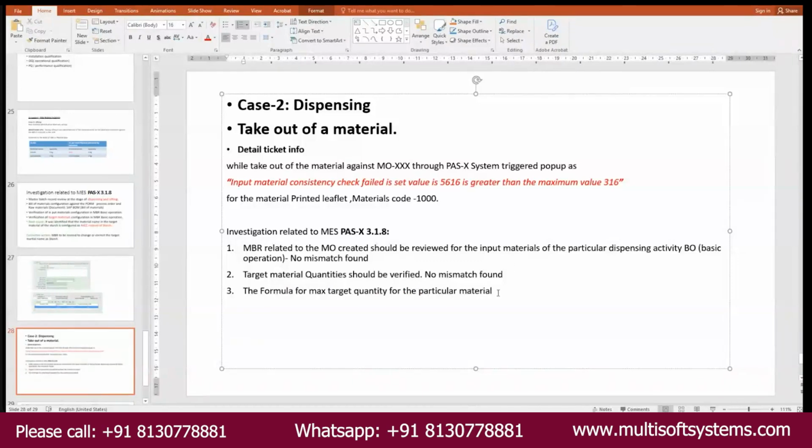Formula is only added when automation is involved, right? So the formula should be verified.